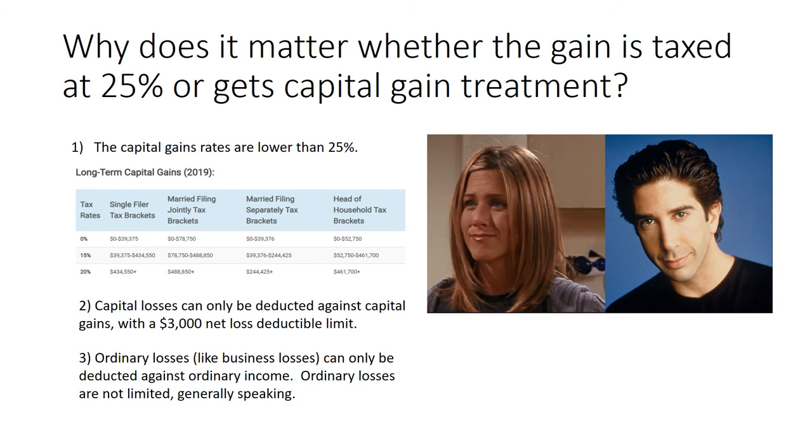So ordinary losses, they're not limited, generally speaking. So when they sell their property and part of that gain is ordinary and part of it is capital gain, it's going to affect how much capital losses they can deduct against it or how much ordinary losses they can deduct against the ordinary gain portion.